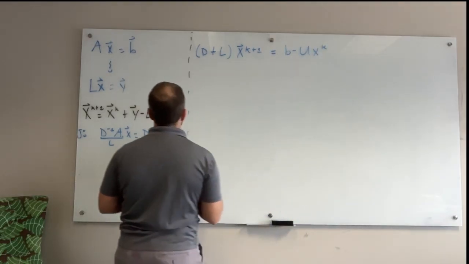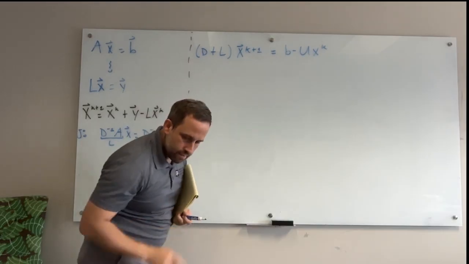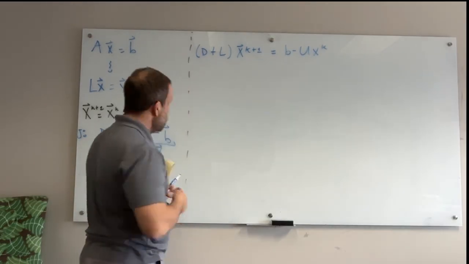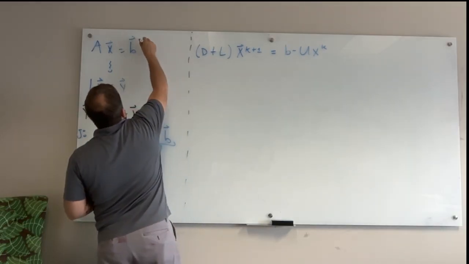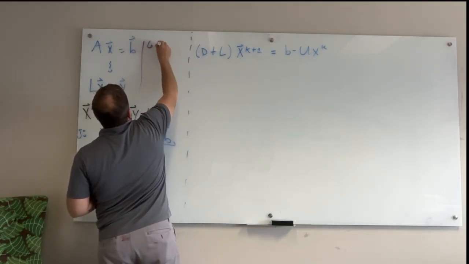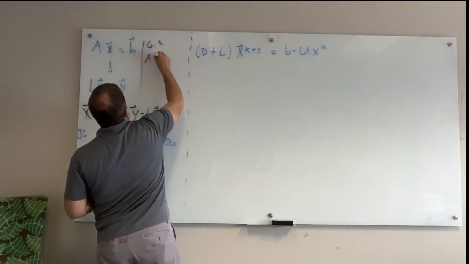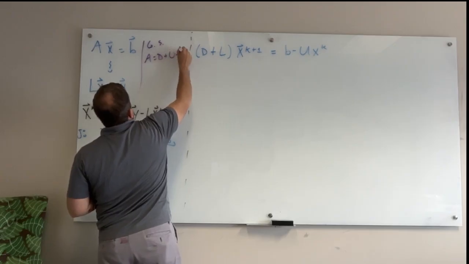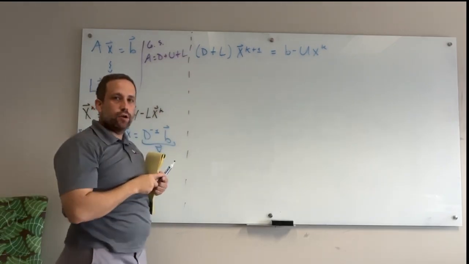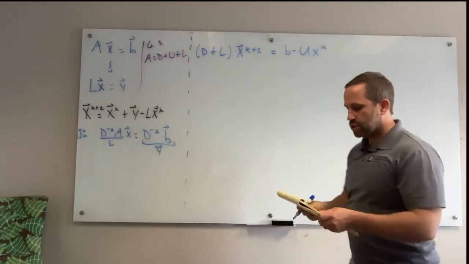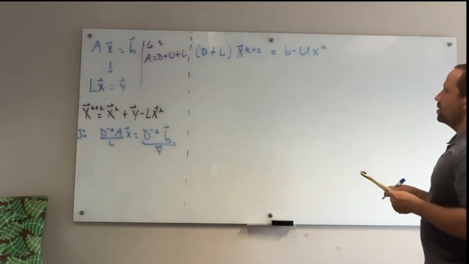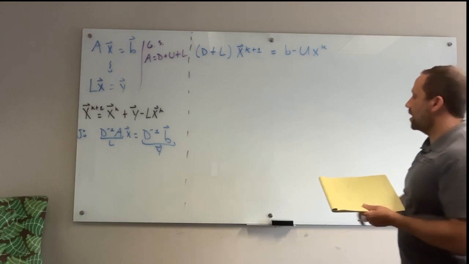And here, let me just remind you that for Gauss-Seidel, A is equal to D plus U plus L. So D is the diagonal part, U is the strictly upper triangular part, L is the strictly lower triangular part. Okay, this is one way to write the Gauss-Seidel system.